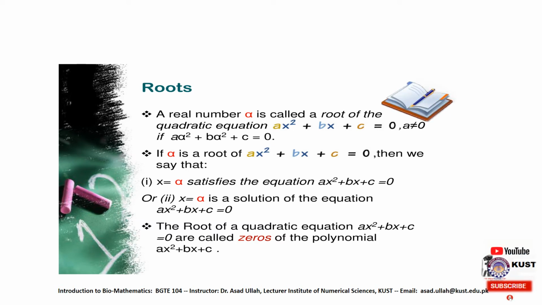In other words, we say that this alpha satisfies ax square plus bx plus c is equal to 0. X is equal to alpha satisfies the equation ax square plus bx plus c is equal to 0. It means that x is equal to alpha is the root of the equation. In other words, alpha is known as zero of this equation.